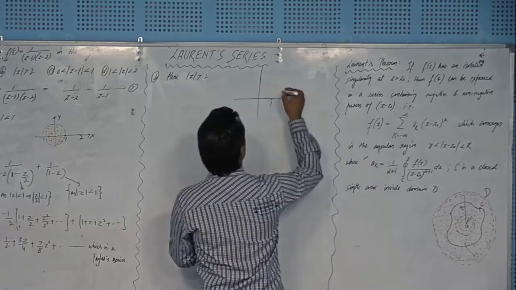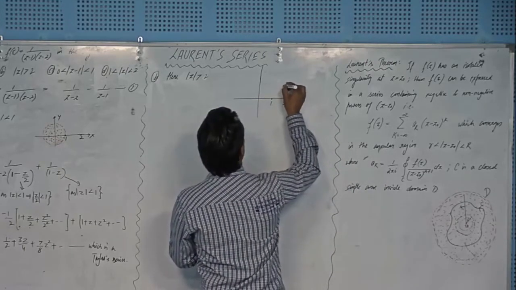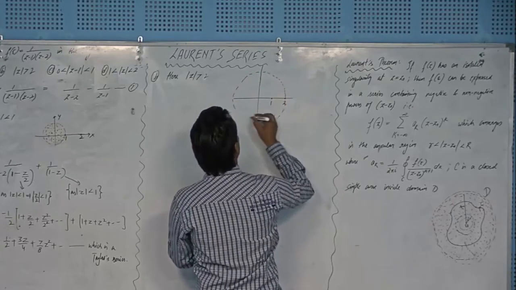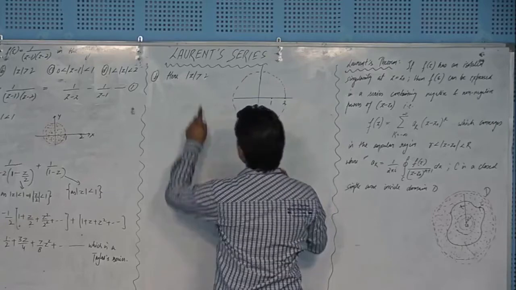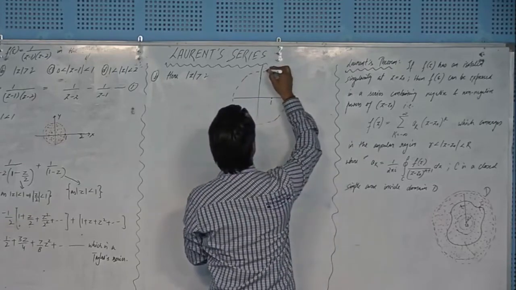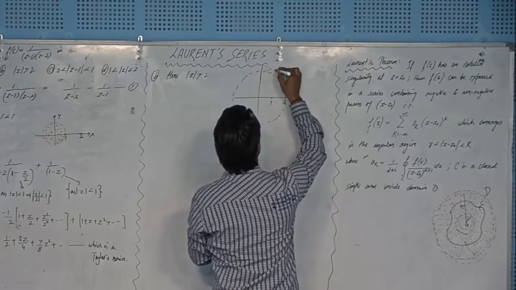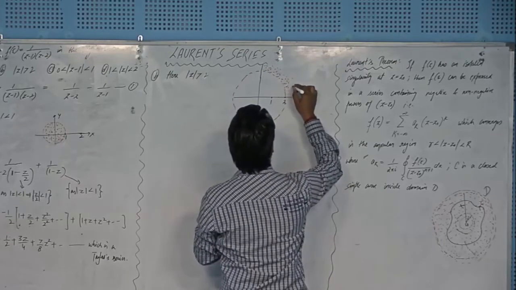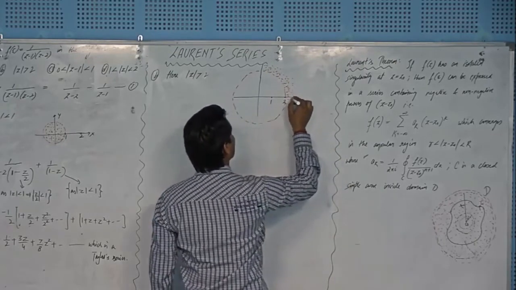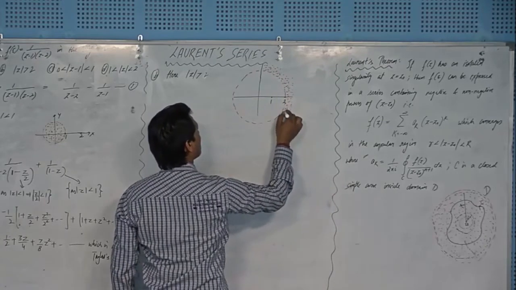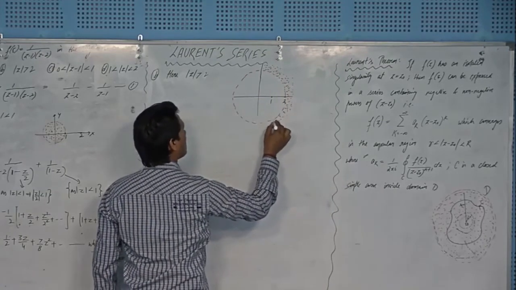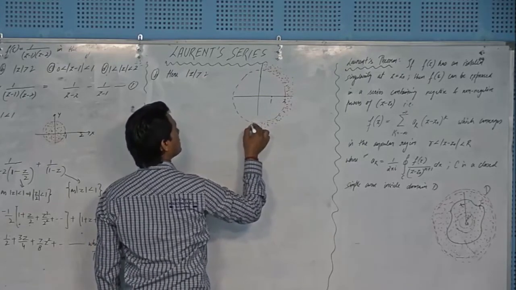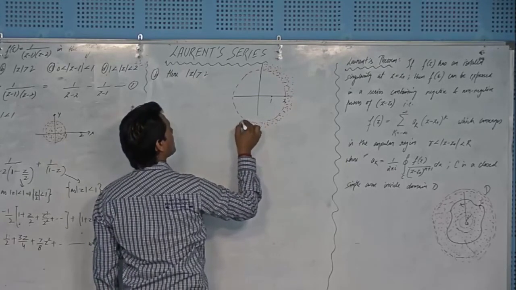Means the domain will be like this one. Since we have this greater sign here, means the domain of convergence is the outside of this disk actually, not inside, right? And you should extend this red colored region up to infinity on all sides, right?